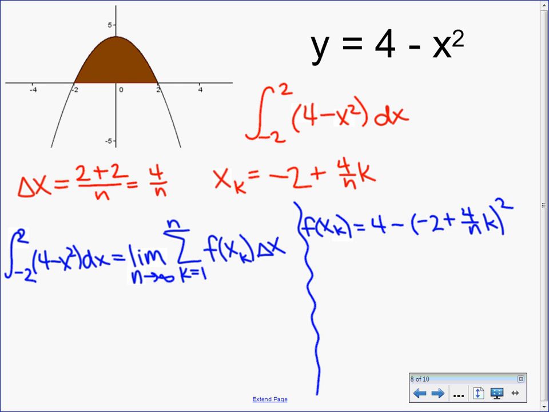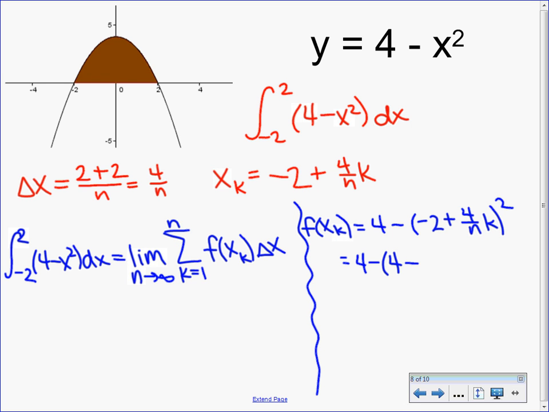Oh boy. So we plug it into the equation as if it were x. So we have 4 minus the quantity. When we square this, we get negative 2 times negative 2 is 4, plus 16k squared.